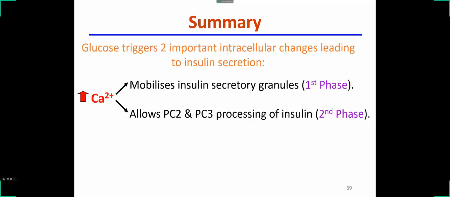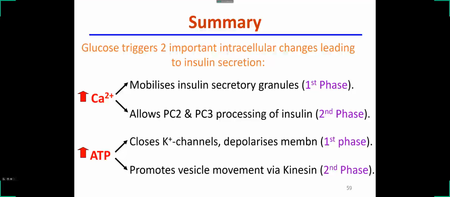And this then mobilizes insulin secretory granules in that first phase, so roughly 5% of the vesicles, and then eventually triggers activation of the endopeptidases, which start to allow processing of insulin from proinsulin and to facilitate the second wave. In combination with this calcium, you have increased production of ATP because of your breaking down and metabolizing glucose.